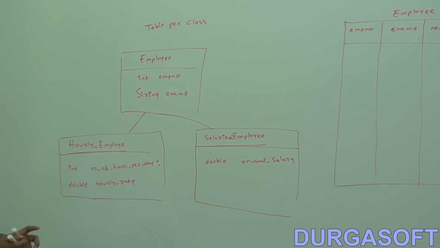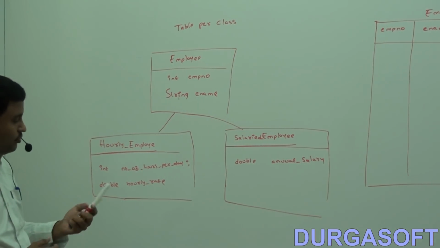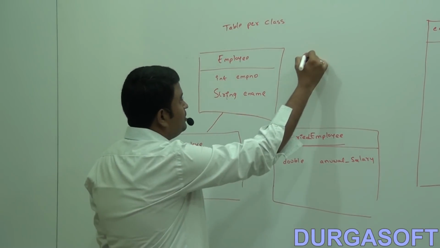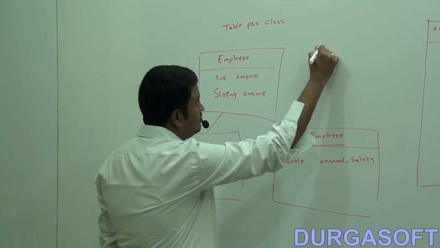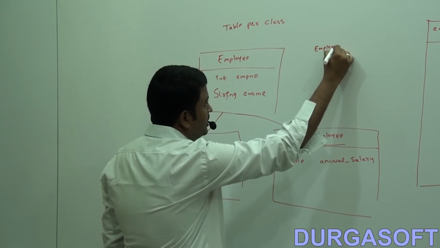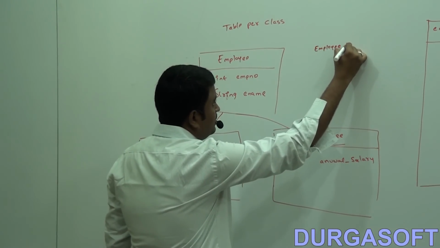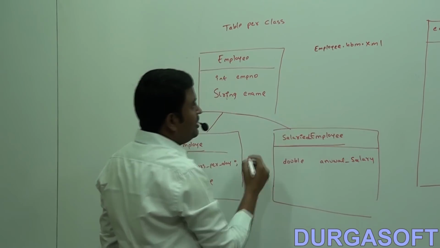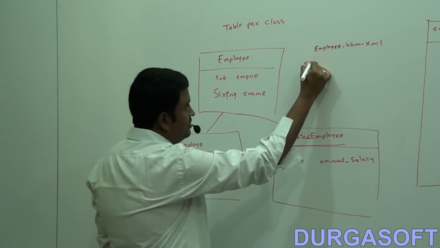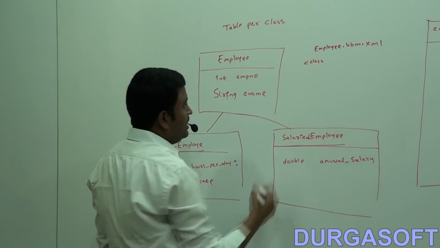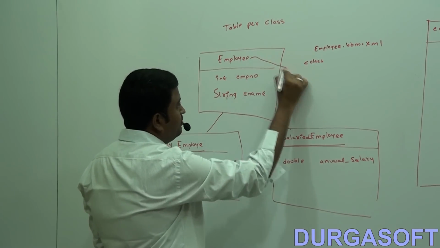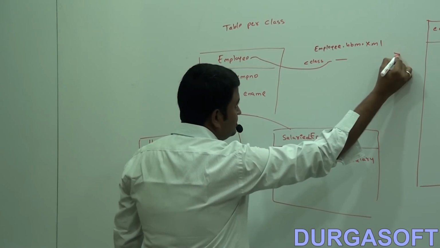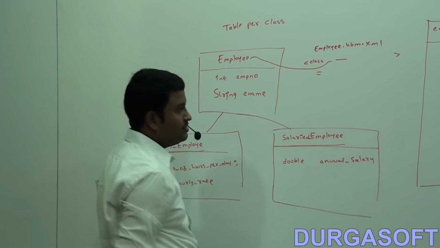Here in this hierarchy we write only one mapping file with the parent name, employee.hbm.xml. In this mapping file, through the class tag we map the parent class and parent class properties.